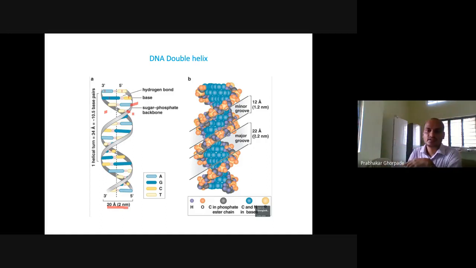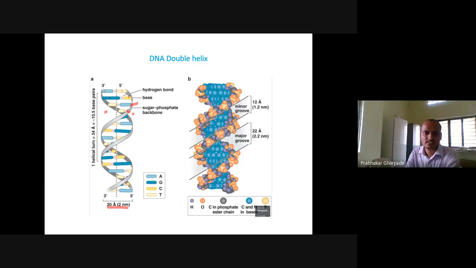The major groove is 22 angstrom units, that is 2.2 nanometers. And the minor groove is 12 angstrom units, that is 1.2 nanometers. This one is a ball and stick structure, and this one is a space filling model.